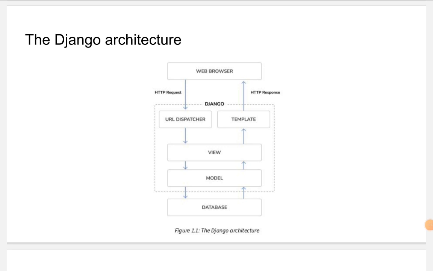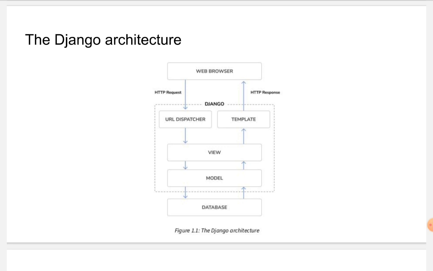Second, Django runs through its configured URL patterns and stops at the first one that matches the requested URL. Third, Django executes the view that corresponds to the matched URL pattern.